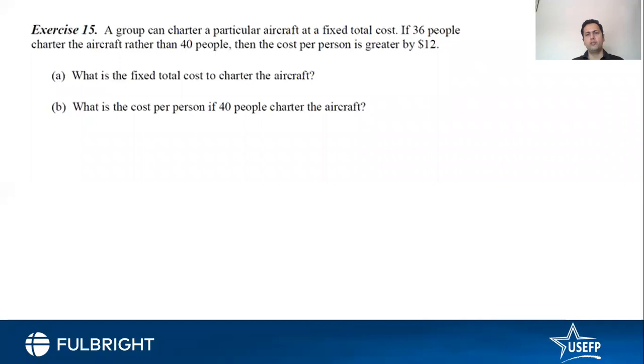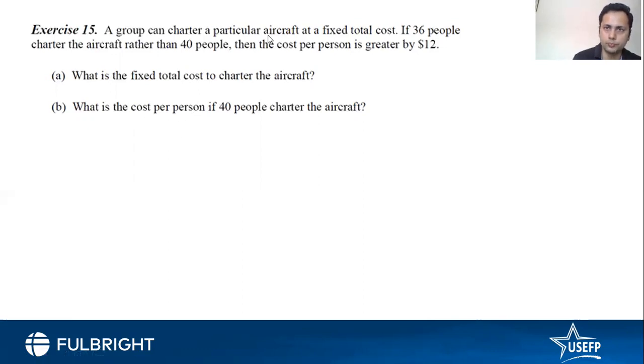So there's an aircraft in which 36 people went instead of 40 people. The cost was shared among 36 people, so it was $12 more per person.